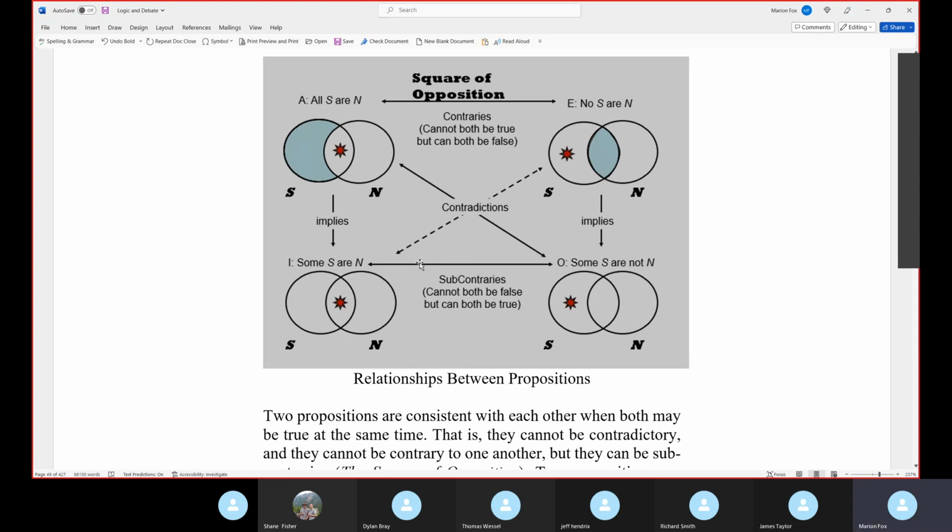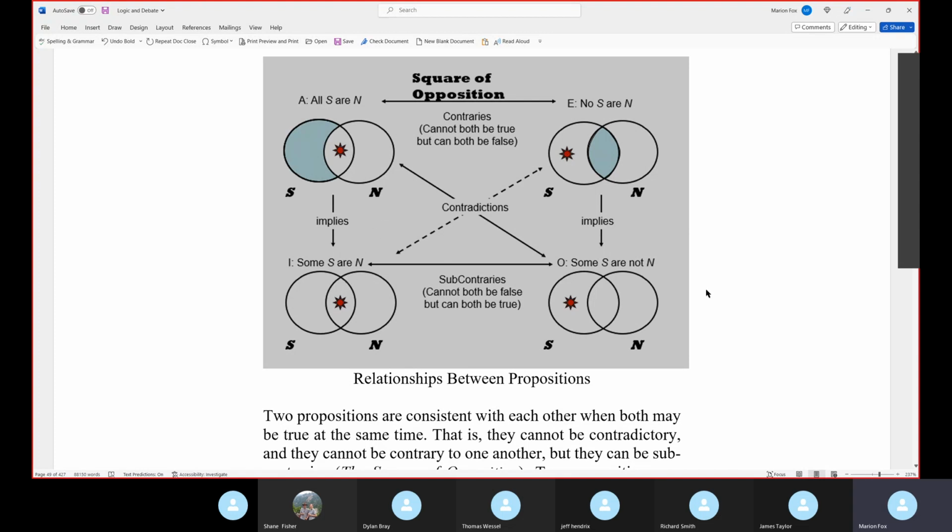If this is false, this is true. If I is false, E is true. And E and A cannot both be true at the same time. That means A must be false. If I is false, A is false.